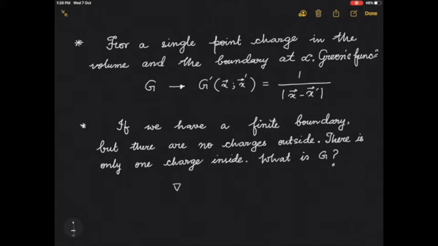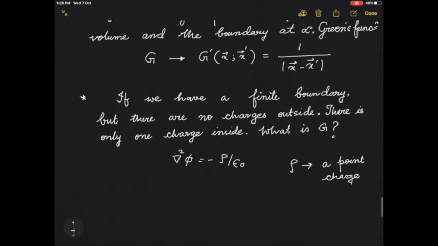See, this is again a problem of electrostatics where I have grad square phi equals minus rho by epsilon naught as my equation, and rho is a point charge. And there is a finite boundary.